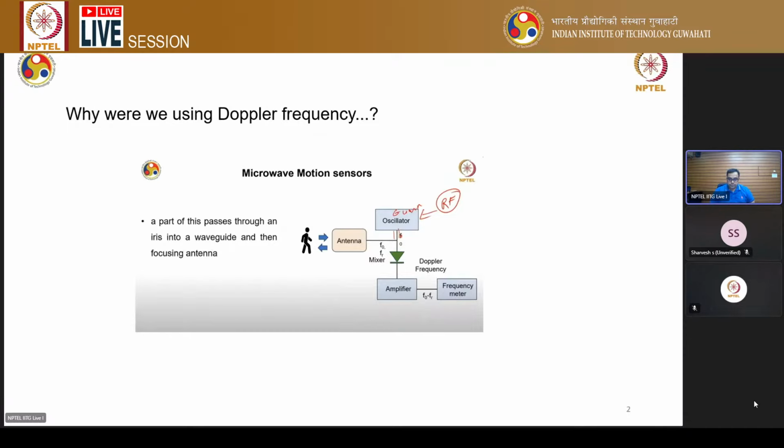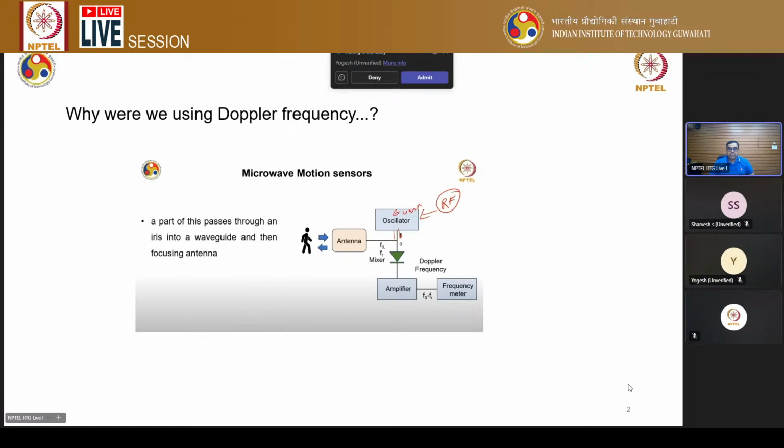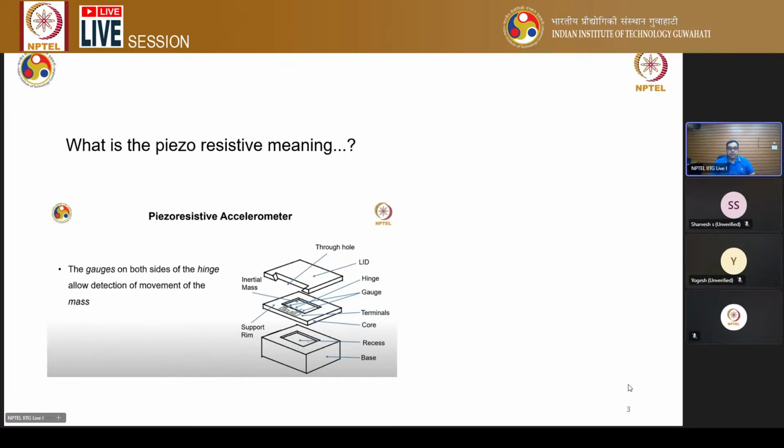Let us try to understand the concept of the Doppler effect. We are all aware of the basic effect, but I will try to mold it a little towards motion sensors. The second question was, what is the piezoresistive meaning?